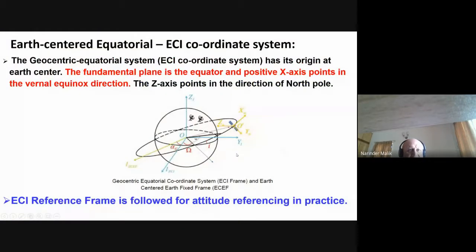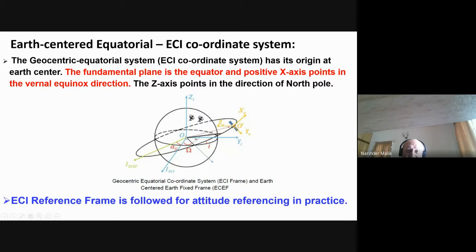The next one is the geocentric equatorial system. It is called ECI, Earth-centered inertial coordinate system. Here again, the x-axis is passing through the line of Aries, which was in the heliocentric system also. The x-axis is common.